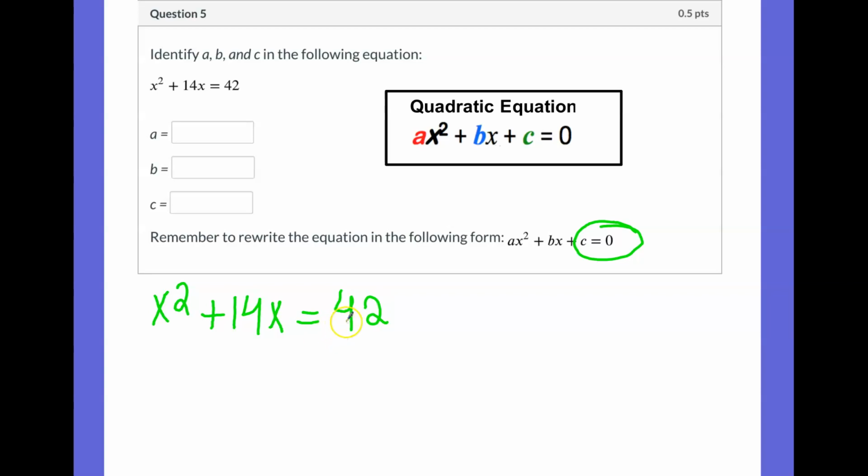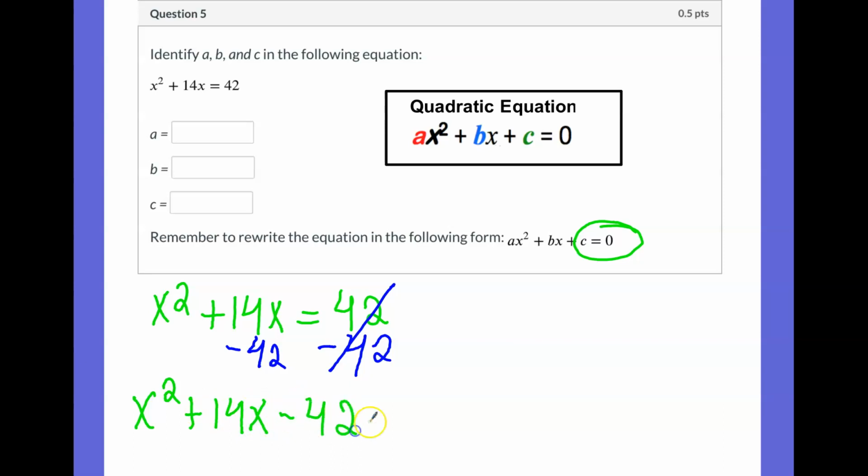I have 42 and I need this side to cancel. In order to cancel 42, I need to subtract 42 so I can have 0, and I will subtract 42 on this side as well. This is tricky, but you have to pay attention when you look at the quadratic equation. So x squared plus 14x minus 42 equals 0, because this is 0 now.